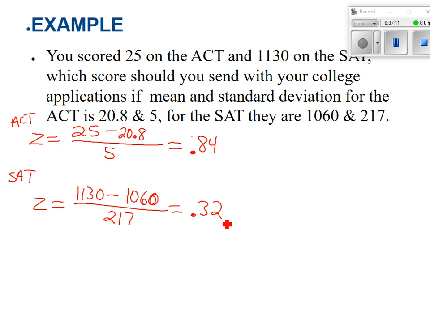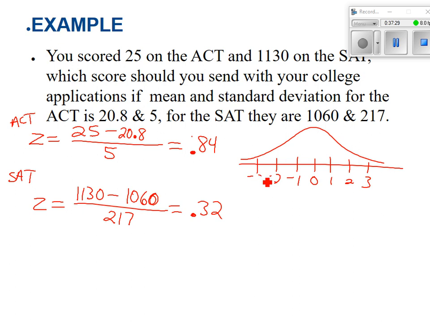The ACT score. Now again, what this is saying is, if we change all these into z-scores, zero is right there in the middle, 1, 2, 3 this way, -1, -2, -3 this way, our ACT score falls about right here.